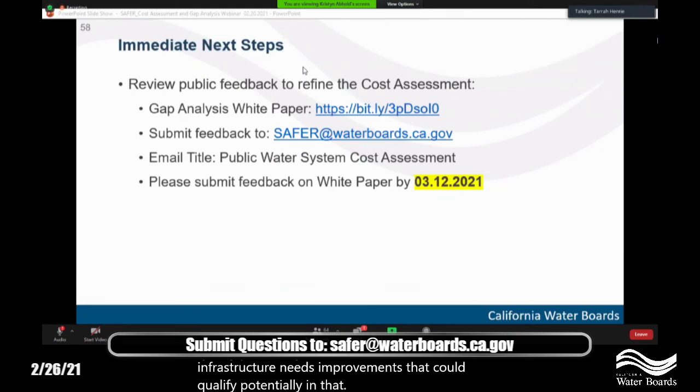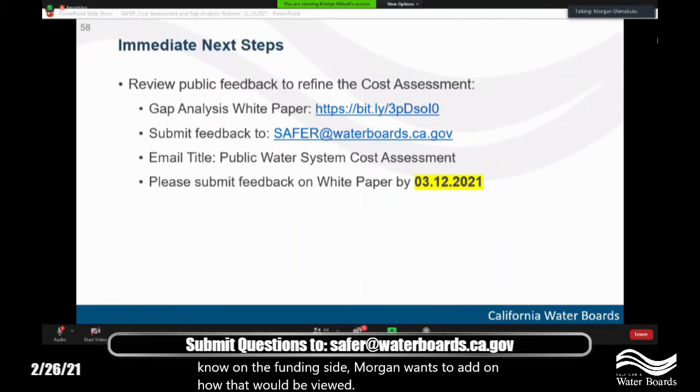I don't know if Morgan maybe wants to clarify if she's planning to look at that separately. But, you know, if you're drilling a replacement well and you're drilling deeper, that could give you some drought resistance there. Having a tank that could be providing some extra storage during max day and peak hour demand potentially could be helpful. So we do have costs maybe that could be viewed that way, but I don't know on the funding side, if Morgan wants to add on how that would be viewed.